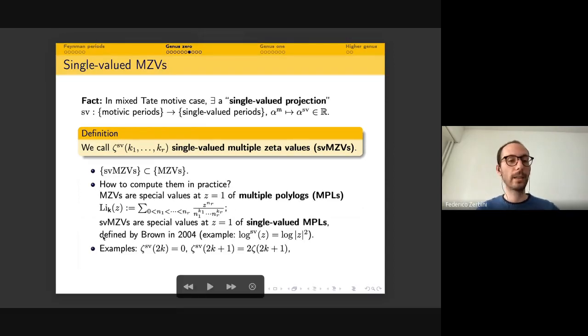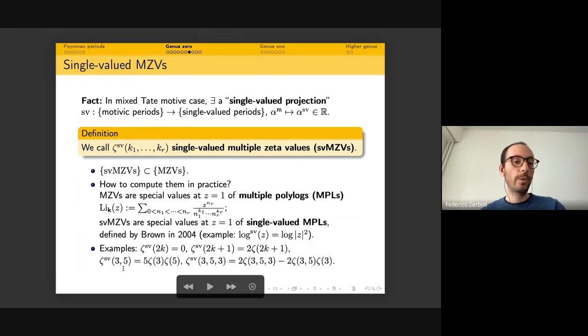The first examples you get of single-valued multiple zeta values are the following. The even zeta values are just sent to 0 by this single-valued projection, while the odd zeta values are sent to twice themselves. So these are the simplest kind of multiple zeta values. Let's go to the first irreducible one, which is ζ(3,5).